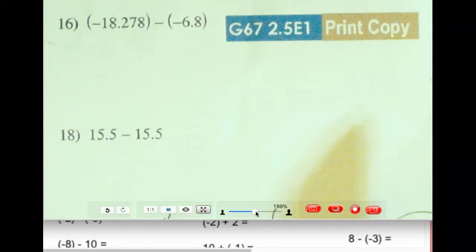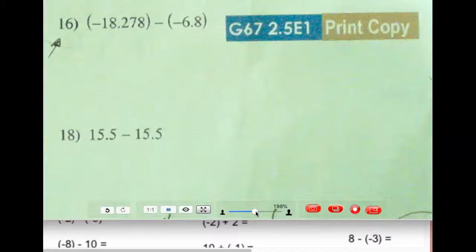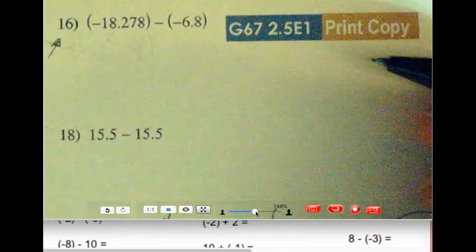All right, let me just jump up here and do one of these that's got a lot going on, number 16. So for number 16, first of all, we've got a negative number minus a negative number. Well, here's the double shot right here. This is going to make this easier.